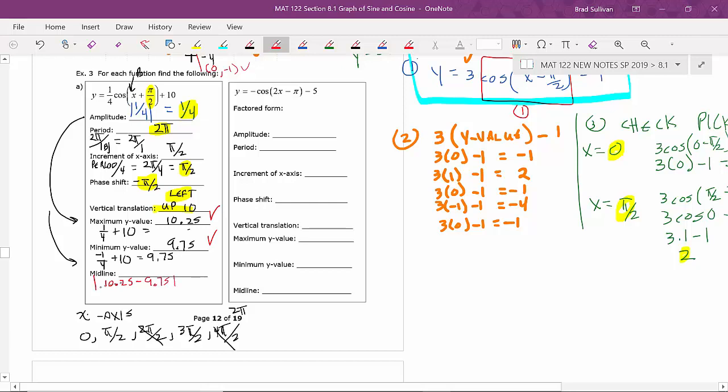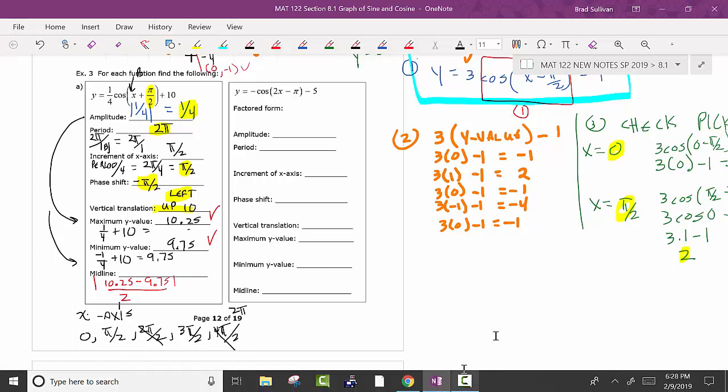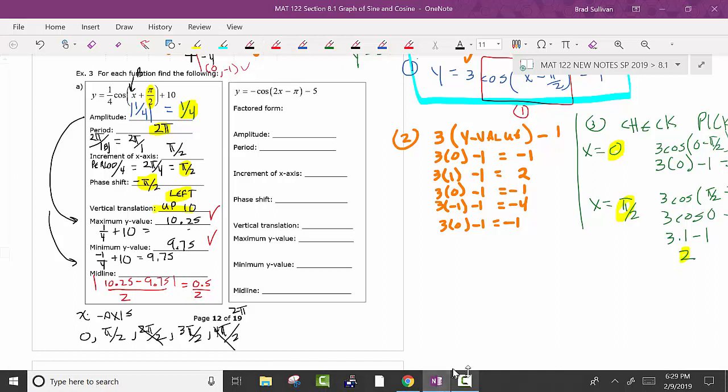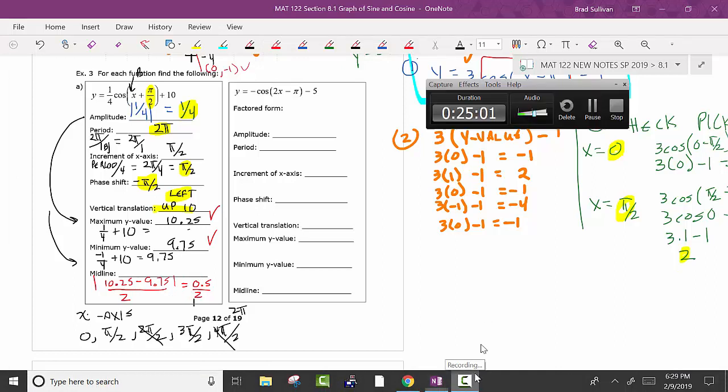You should do the absolute value and then divide by 2. You can certainly use your calculator if you want to. So that would end up being 0.5 divided by 2.